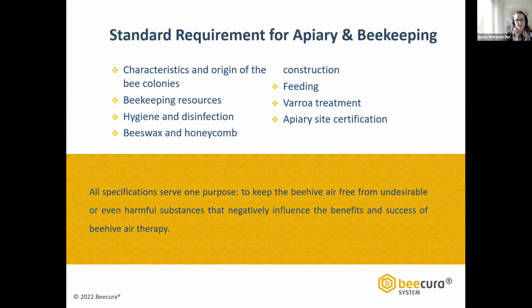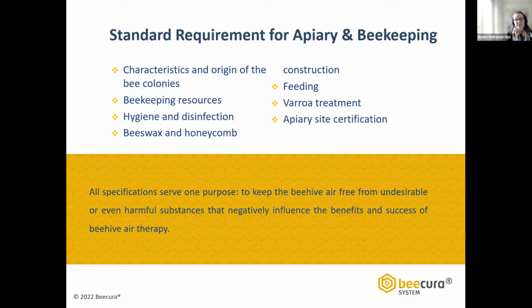I just summarized them here briefly: the characteristics and the origins of your bee colonies, the resources you use, how you make sure everything is clean and tidy, the beeswax cycle that you use, what do you feed your bees, the Aurora treatment, and also how do you make sure you have the best quality within your apiary.